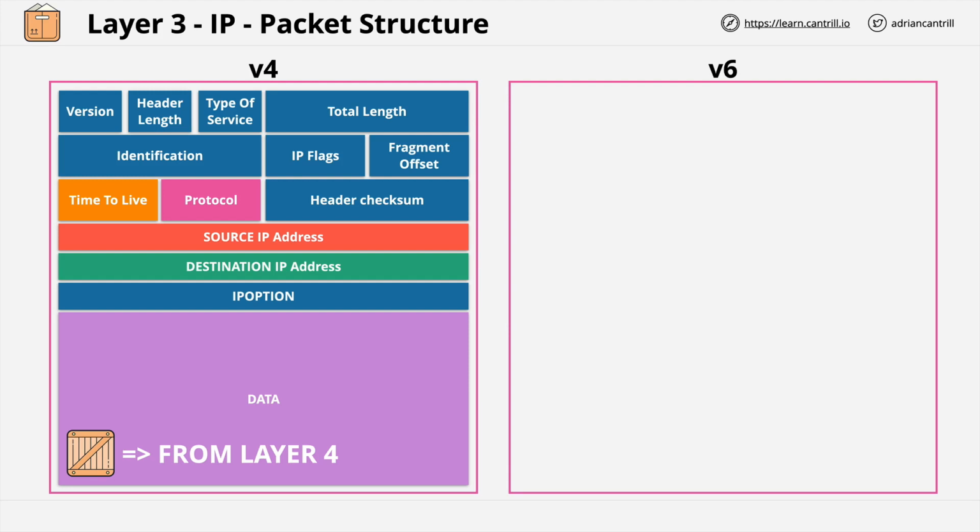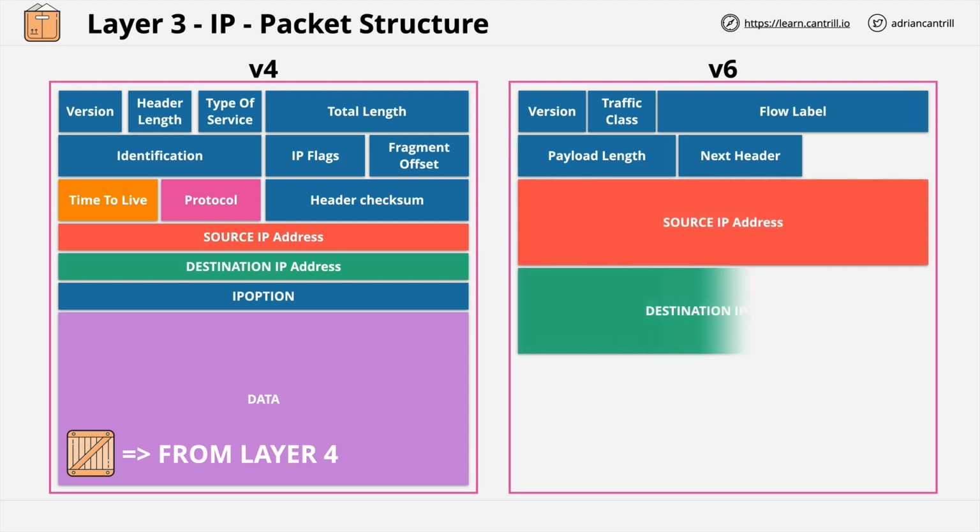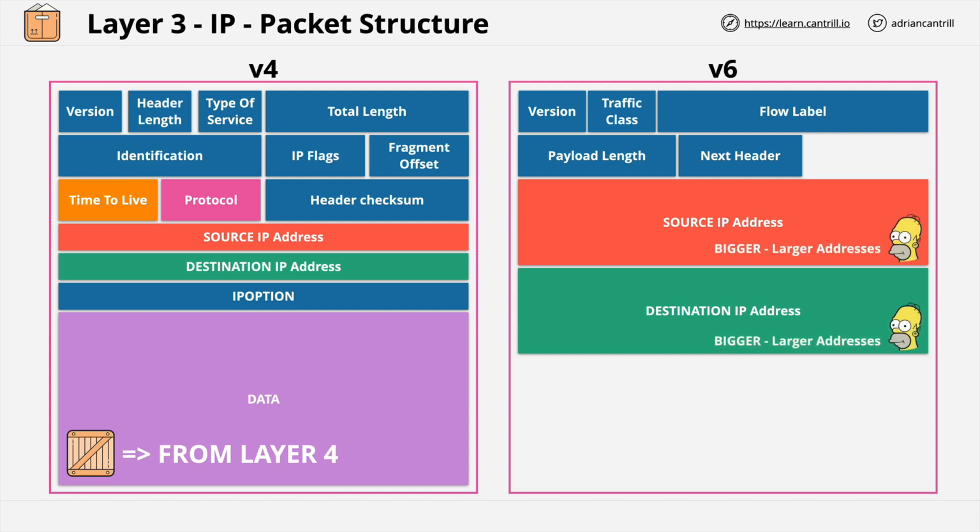Now IP version 6, from a packet structure, is very similar. We also have some fields which matter less at this stage. They are functional, but to understand things at this level, it's not essential to talk about these particular fields. And just as with IP version 4, IP version 6 packets also have both source and destination IP address fields, but these are bigger.